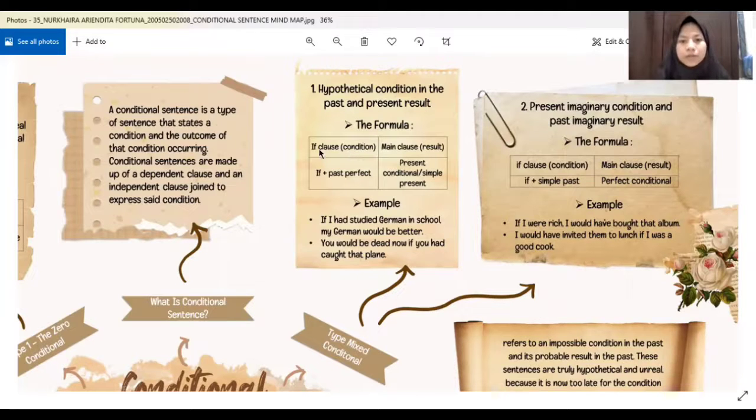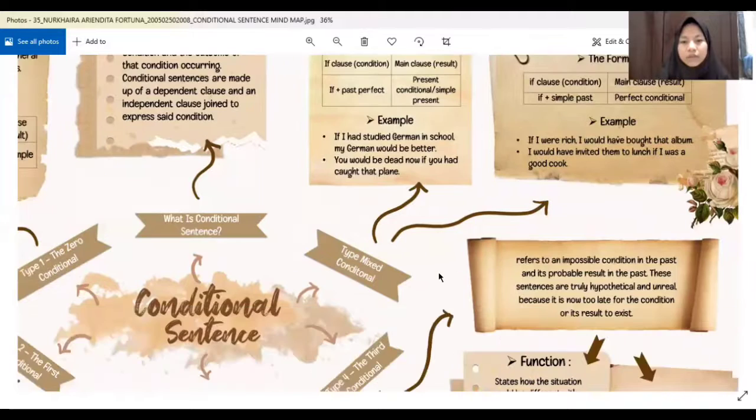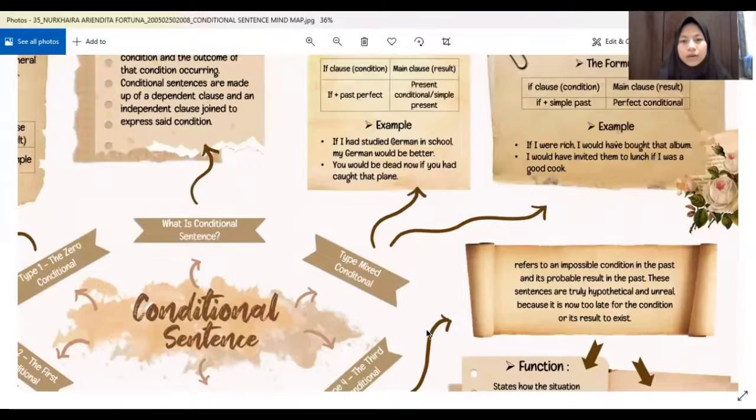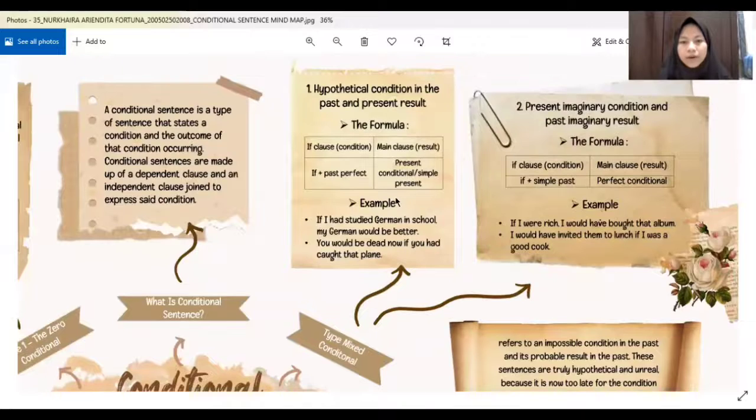The formula would be, for the if clause, we use if plus past perfect, and for the main clause or the result, we use present conditional or simple present. So which means that we use the combination of the third conditional and the first type of conditional here.